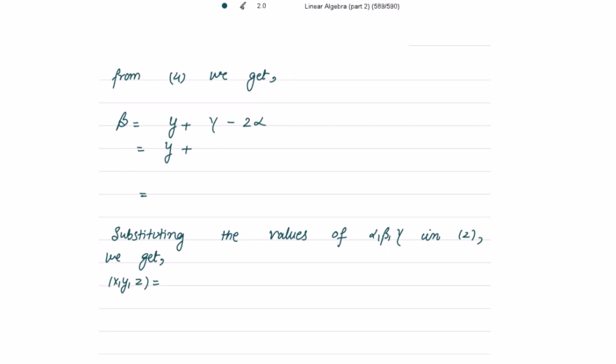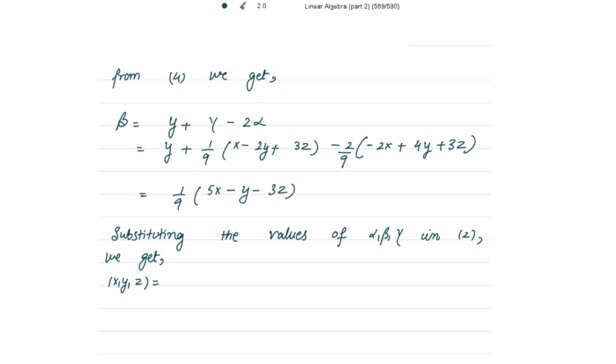Now what is the value of gamma? I am writing here 1 over 9 times x minus 2y plus 3z, minus 2 times alpha, which is minus 2 by 9 times minus 2x plus 4y plus 3z. If you solve this, you will get your beta to be 1 over 9 times 5x minus y minus 3z.